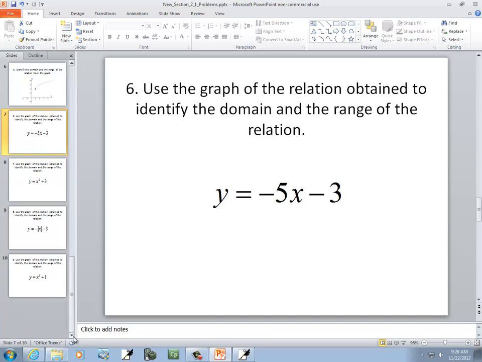Well, let me grab a drink, and then we'll take a look at this one. Here they want you to graph it first, and then tell the domain and range from the graph. So let's plug this into our graphing calculator.